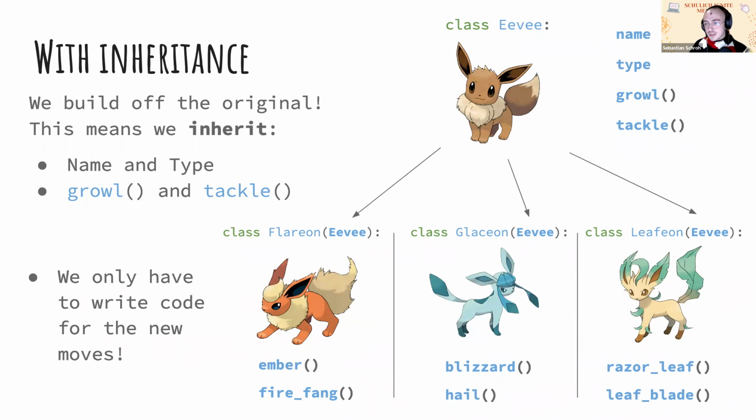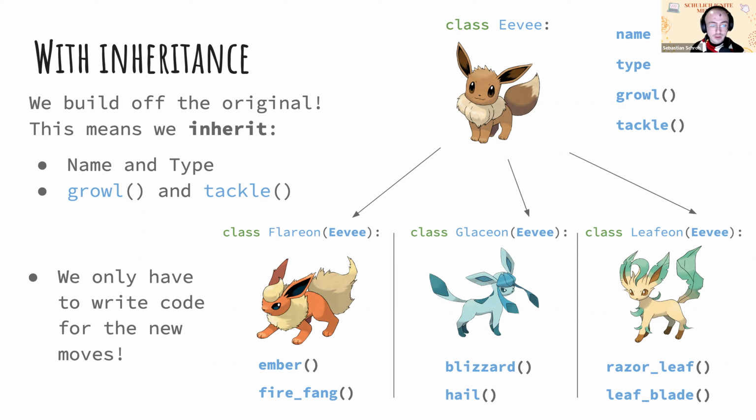So with inheritance, the idea is that we have a class Eevee that has a name, a type, a growl, and a tackle. A name and a type property, a growl and a tackle method. We can have Flareon, Glaceon, and Leafeon inherit from Eevee, and they'll get all of the implementations for those methods, and it'll also carry on its properties as well.